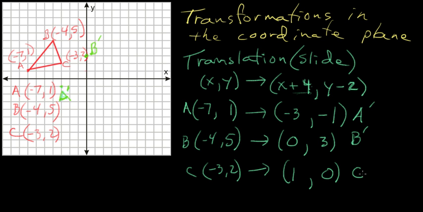And so that's C prime. So let's put C prime on the coordinate plane here. 1, comma 0. Because 1 is my x coordinate, and 0 is my y coordinate. So that's C prime. So let's see what happens when I connect these points.